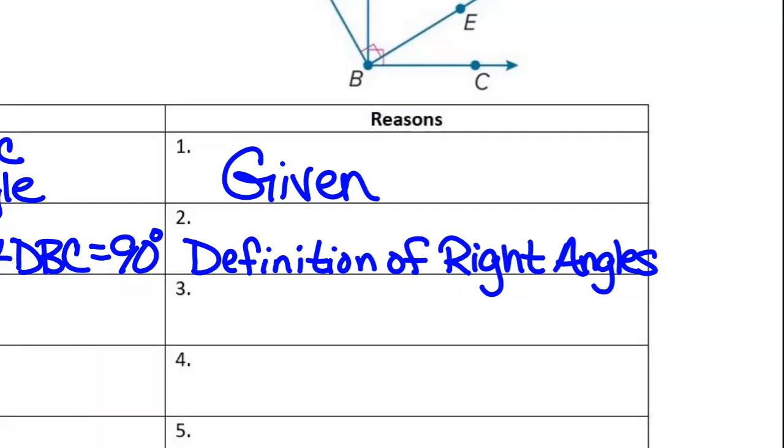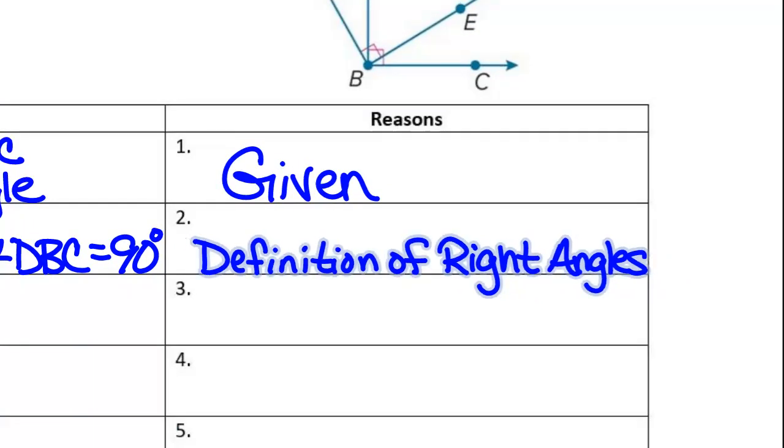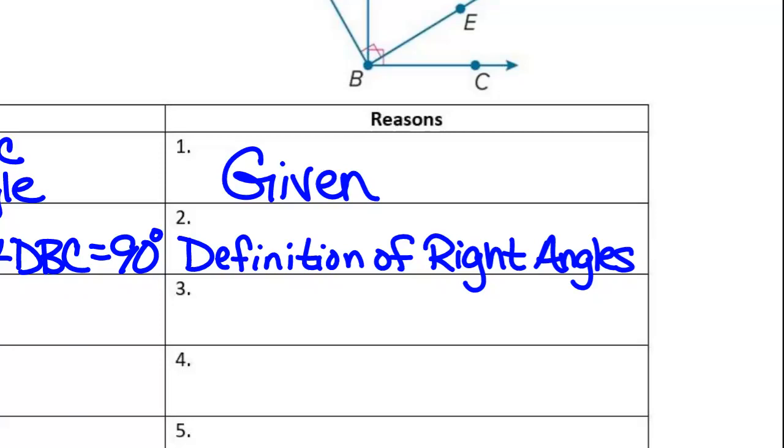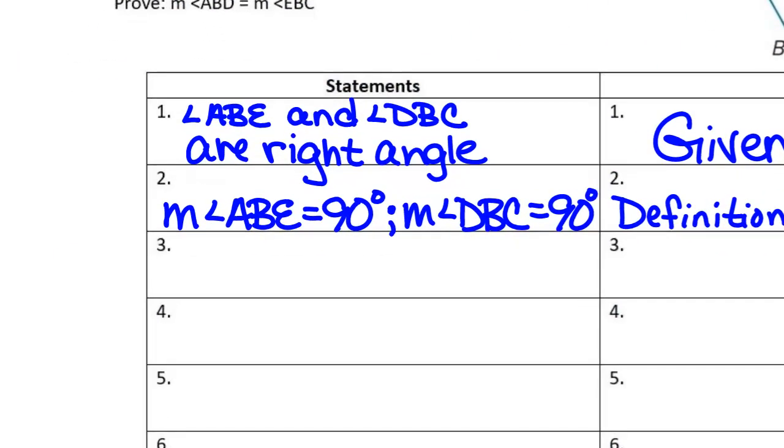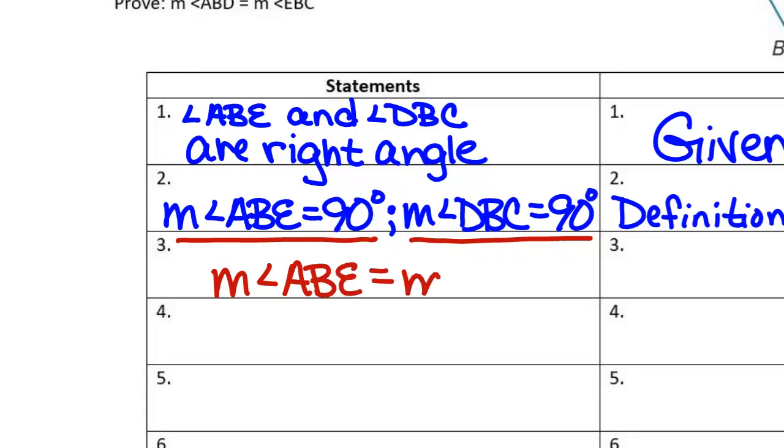All right, so let's see what we can do with that now. If I know that angle ABE is equal to 90, and I know that DBC is equal to 90, what else could I say? We're going to use the transitive property. What will transitive property allow me to say about this? Equals the measurement of angle DBC, yes.